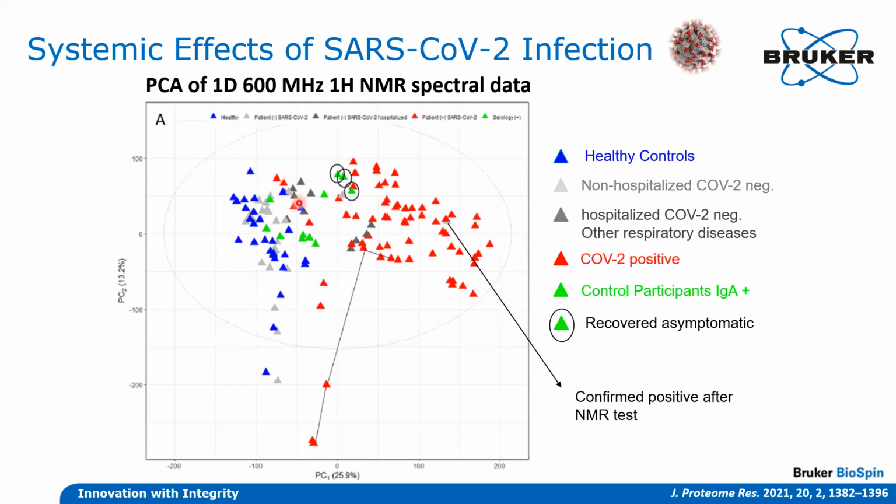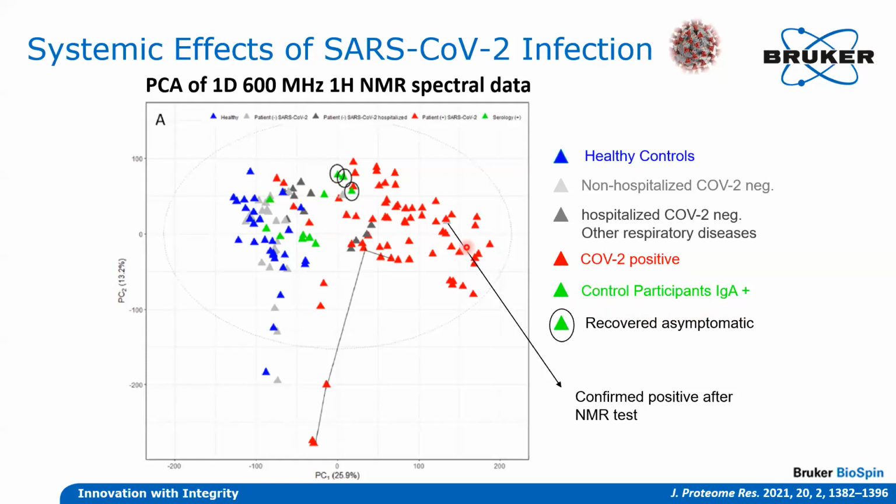So 7 out of 34 participants originally recruited as healthy controls, indicated by the green symbol, were found to have high IgA and IgG levels. As you can see here, the green color, all these are the patients that gave a positive test in the immunoassay, IgG and IgA.